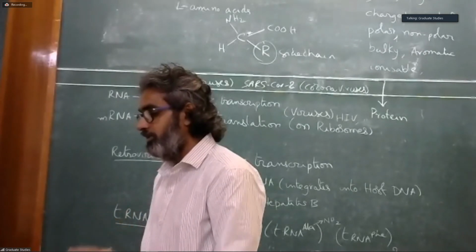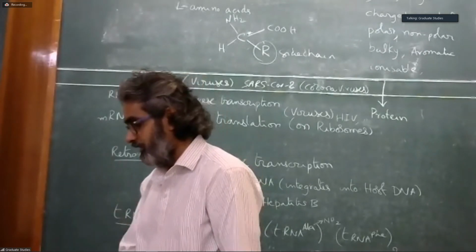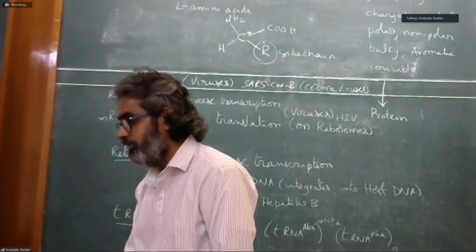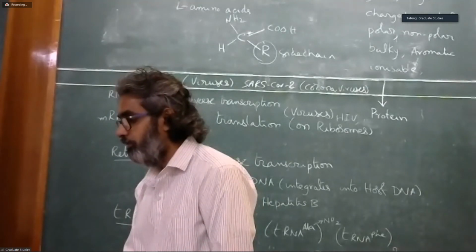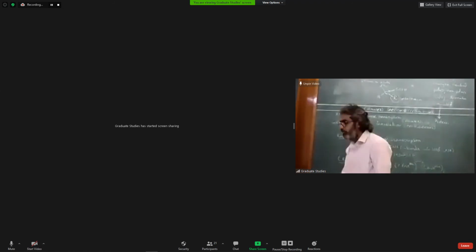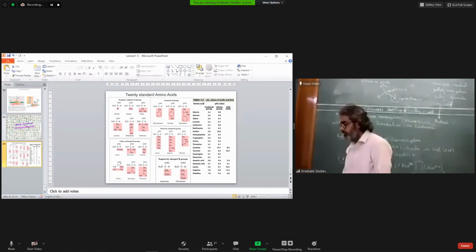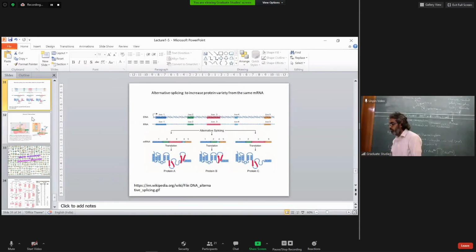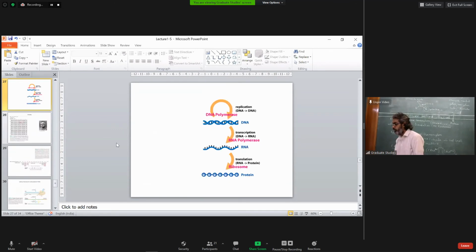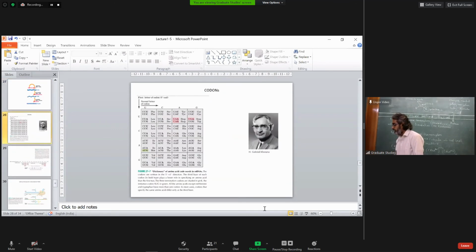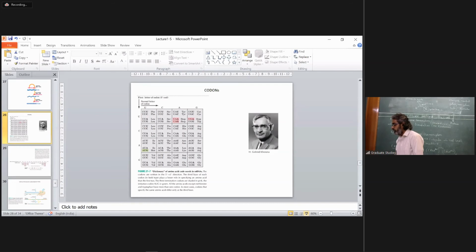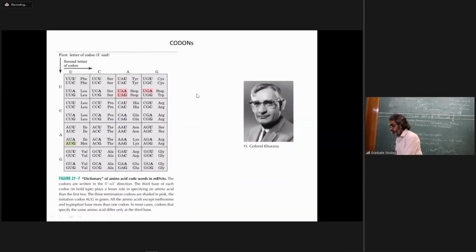If you read the sequence in reverse and go to the codon table, you encounter a big problem. Somehow they have to define stop.